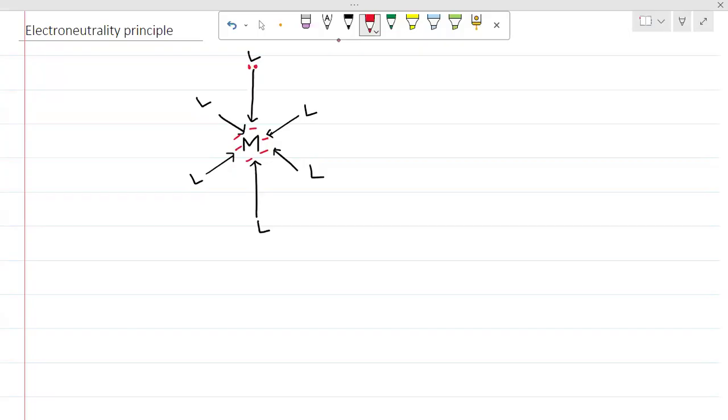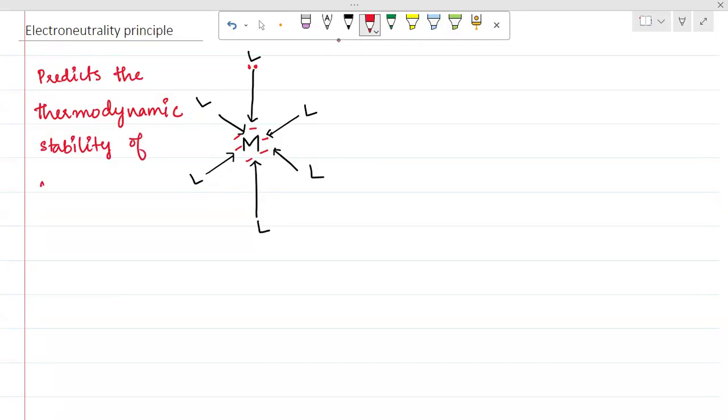So, the electroneutrality principle predicts the thermodynamic stability of non-transition metal complexes, mostly.